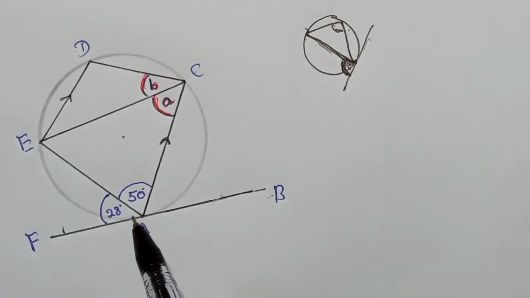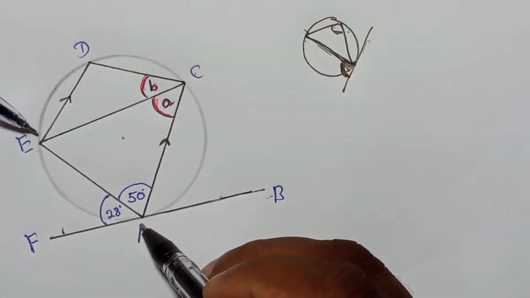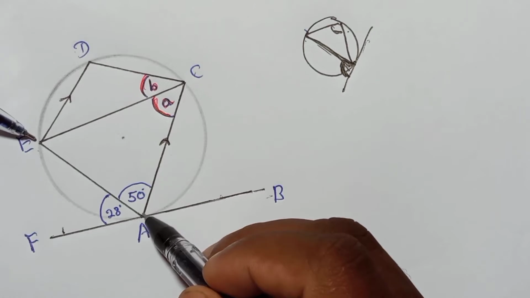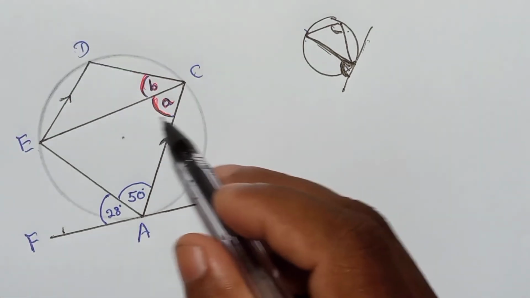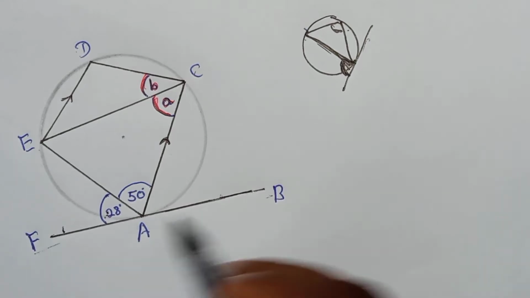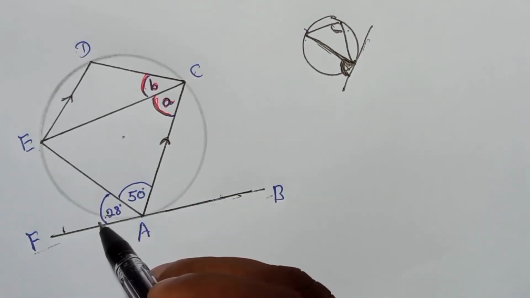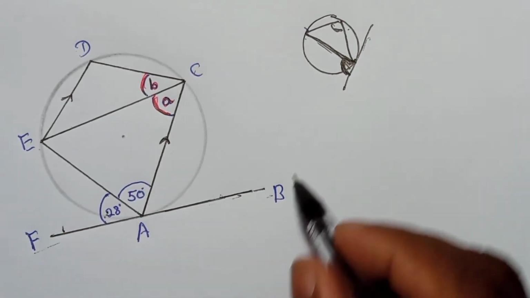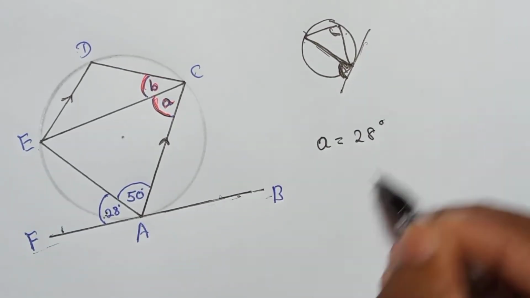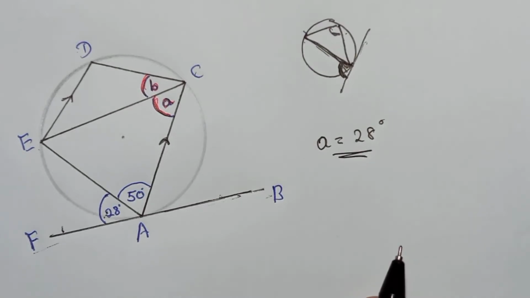This chord EA subtends an angle at the circumference, like this way, at A, right? That will be equal to the angle between the tangent and chord, that means 28. So directly you can write A equal to 28 degrees, right, for the A.